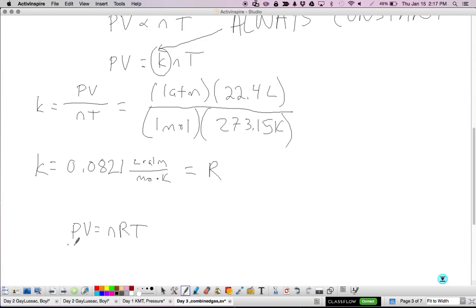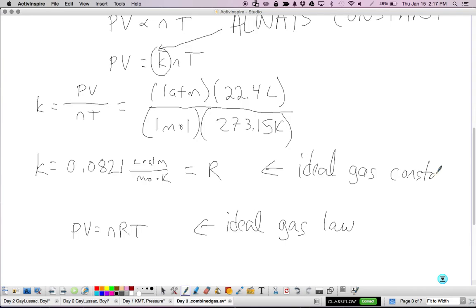Boom. This is called the ideal gas law, which makes this the ideal gas constant. Okay? We're going to do lots of calculations with ideal gas law and the ideal gas constant, and they're a little unusual. So let's take a look at a sample problem.